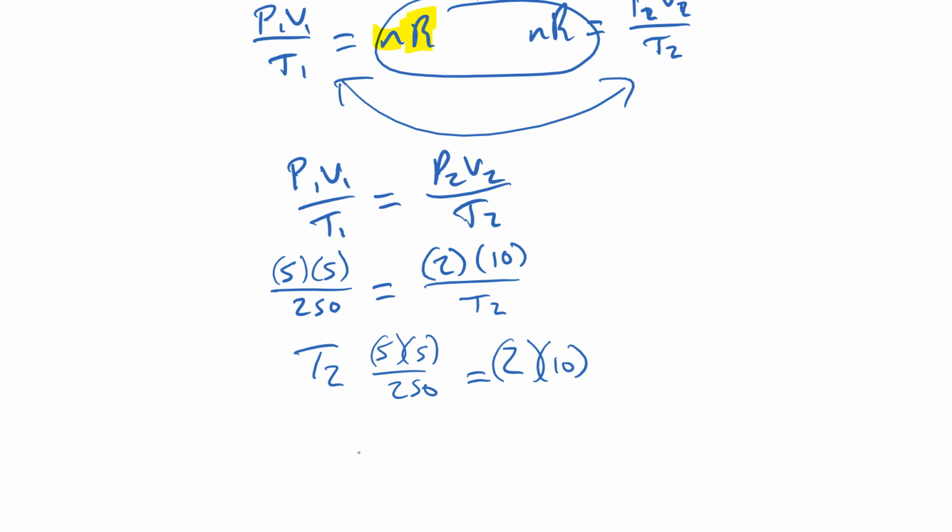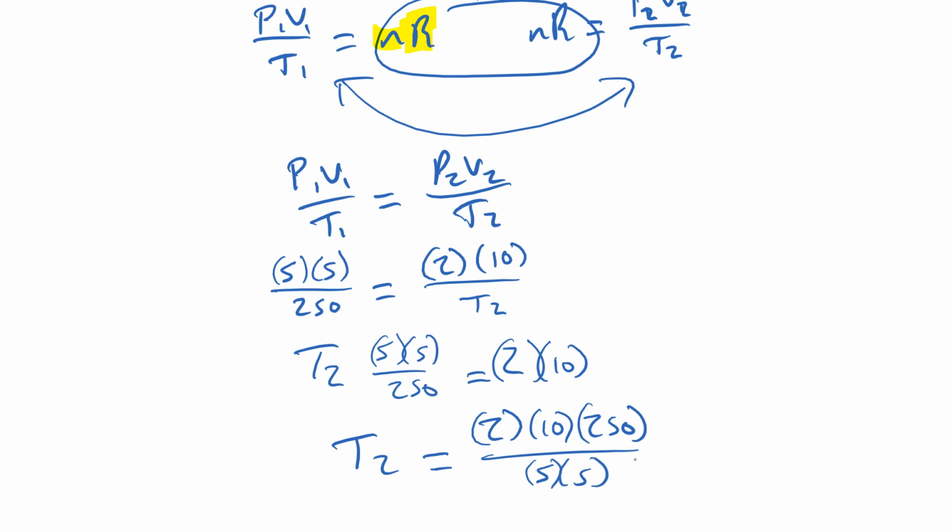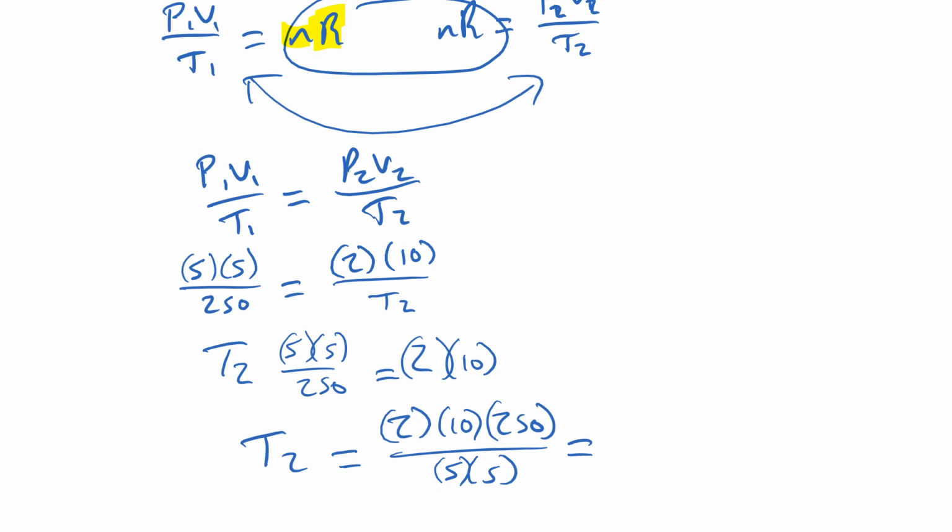So at the end of the day, what we get is 2 times 10 times 250 divided by 5 times 5. And that is 5,000 divided by 25. When I punch that in, we get a final temperature of 200 Kelvin.